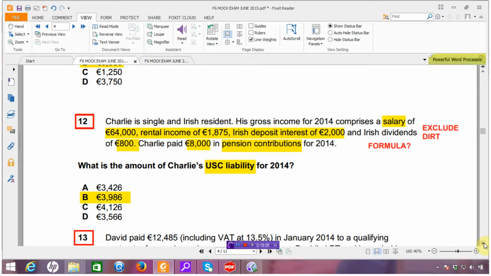Now, next one here is our USC calculation. You remember the little question that we have above in relation to PRSI. So really it's a question of, what do we exclude and what do we include? And the key thing I think for USC to remember from this particular question is that the DIRT is going to be excluded. So we've got salary, we've got rental income, and we have Irish dividends.